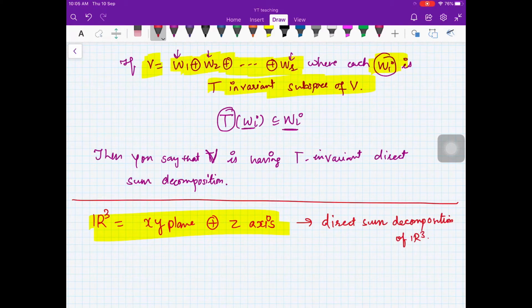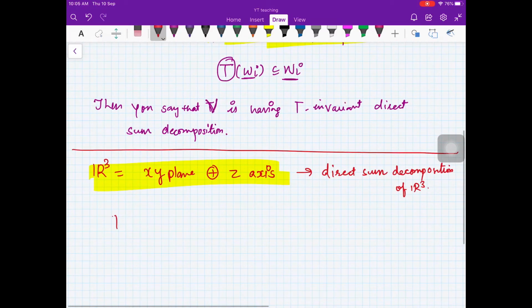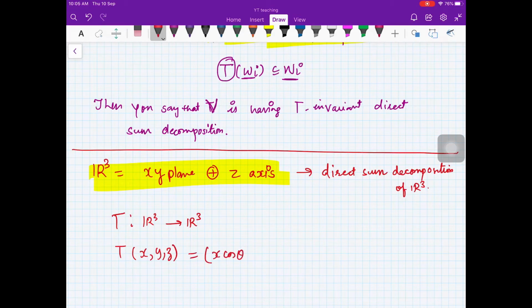Now you just define a map. I am defining T from R3 to R3, defined as T of x, y, z is taken to x cos theta minus y sin theta, x sin theta plus y cos theta, z goes to z, where theta is a fixed angle.